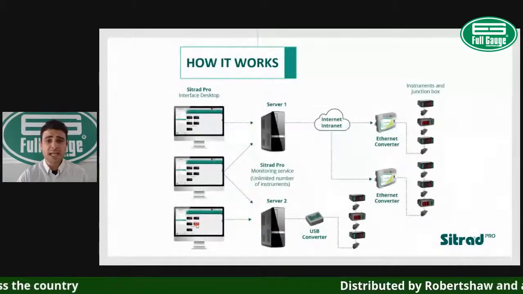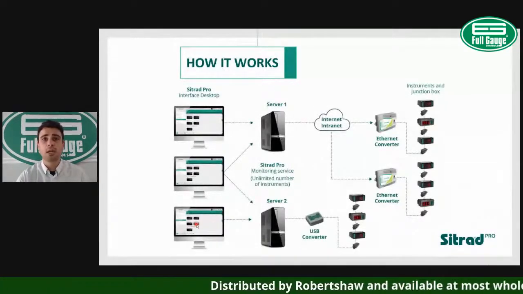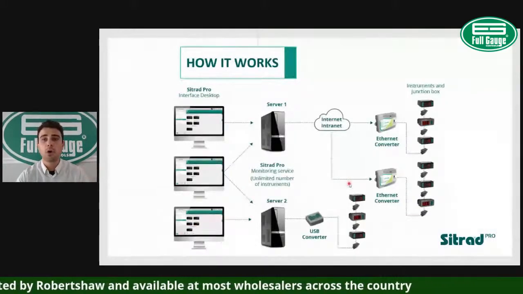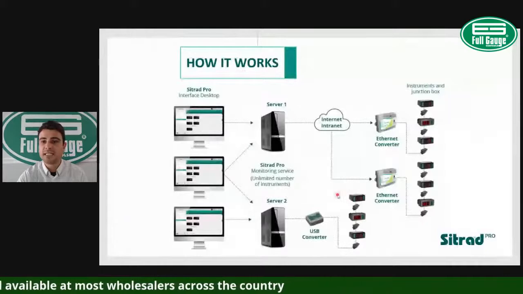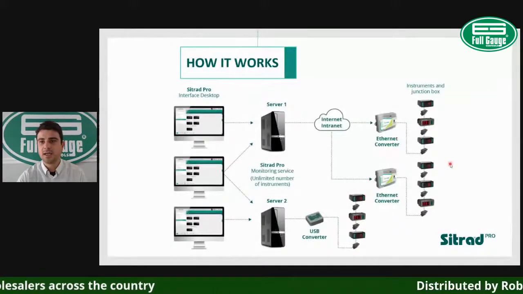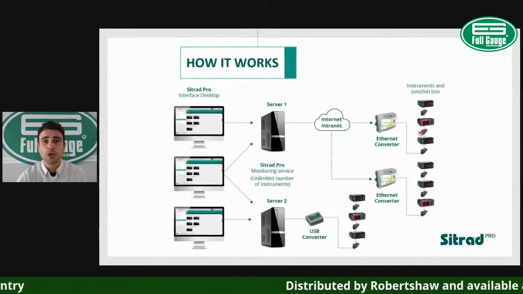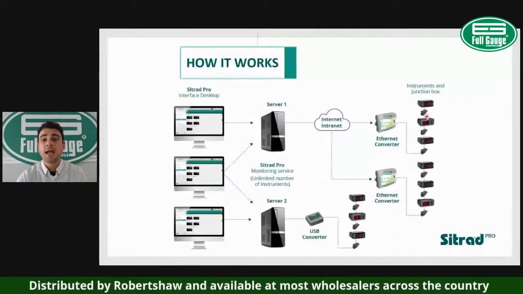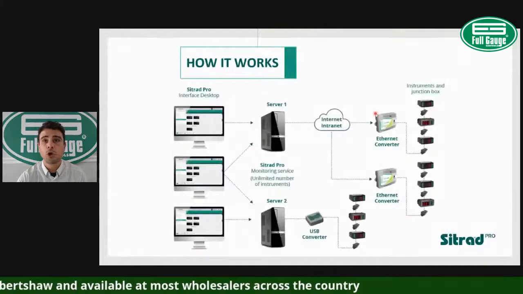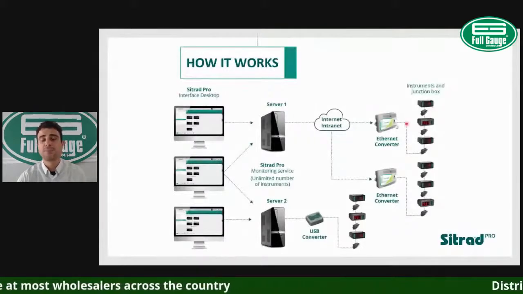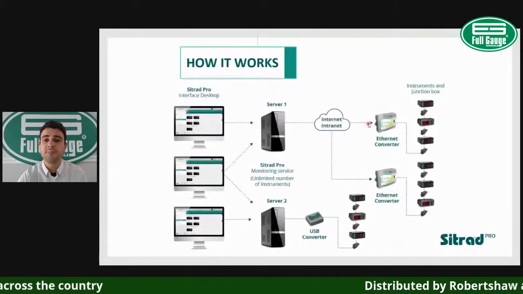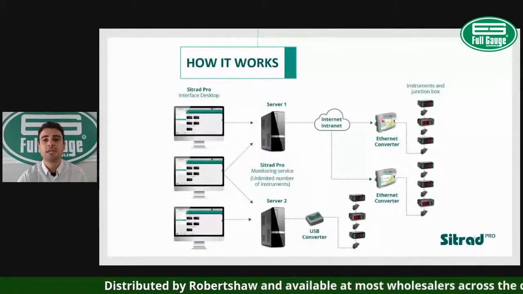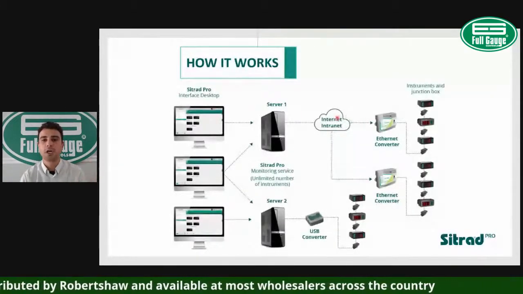Now, let's say we have a corporate network and we want to make use of that corporate network. So we have the TCP Wi-Fi converters. Again, three different controllers connected to the TCP Wi-Fi. And again, up to 32 controllers on any of those converters. And now the TCP Wi-Fi will be connected to the intranet, to that corporate network.